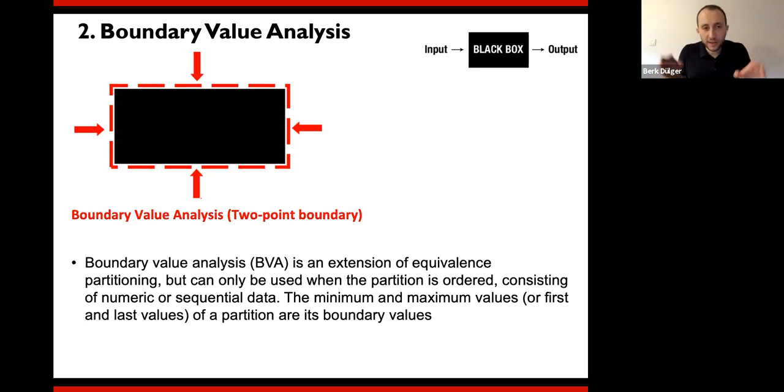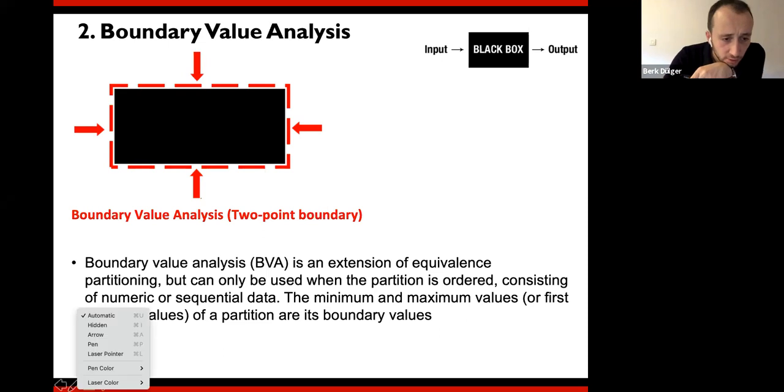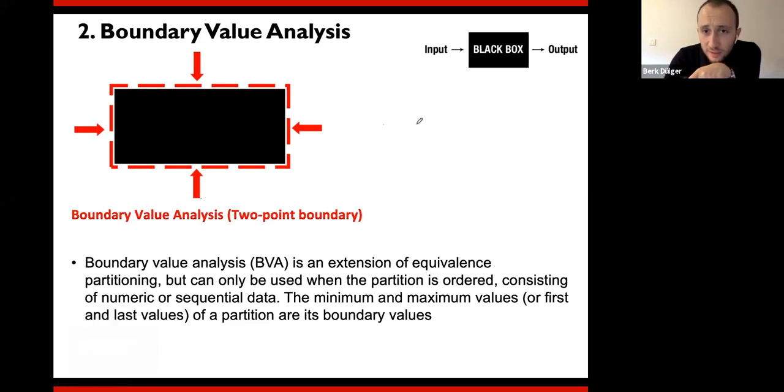In 2-point boundary analysis, you need to first define the partitions and test the boundaries and the outer adjacent inputs of each partition. Let's say here is your partition.